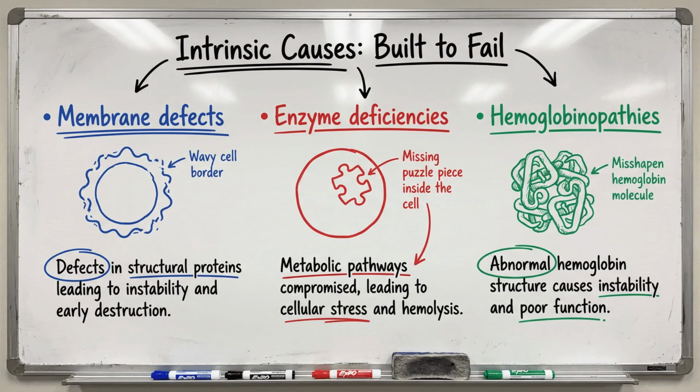Enzyme deficiencies, this is where the cell lacks vital metabolic machinery. And hemoglobinopathies, where the very oxygen-carrying protein is malformed. These are all problems originating from within the cell itself, making it inherently fragile or dysfunctional.